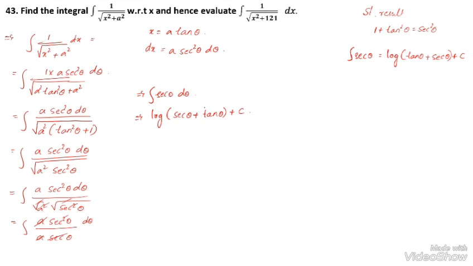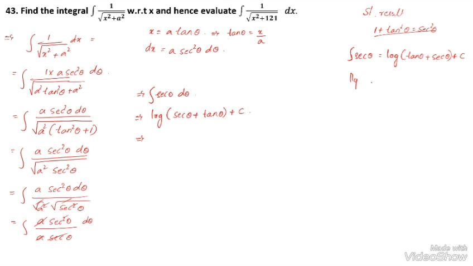The result can be written in the form of x and a. The result can be expressed in the form of x and a. By using this result, tan theta can be written as x by a, with a in the denominator. Similarly, we can use this result.